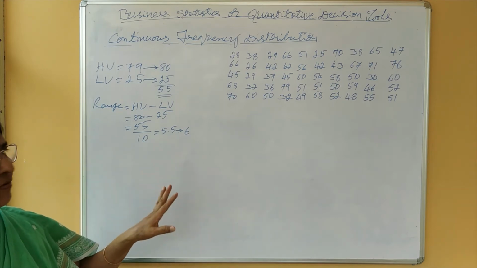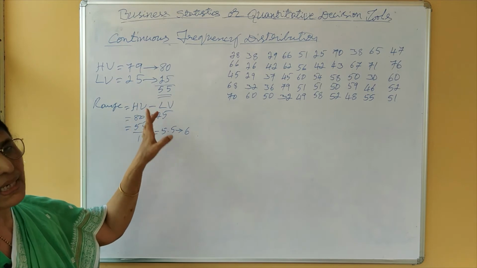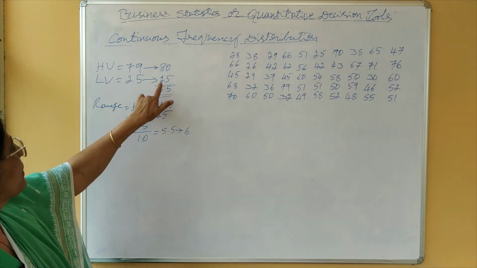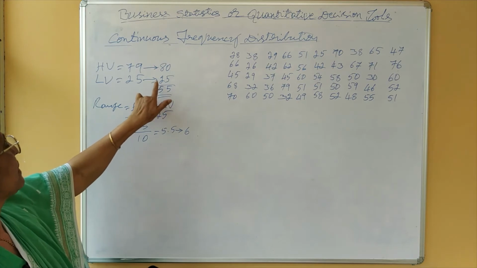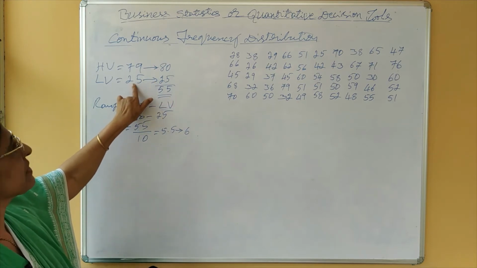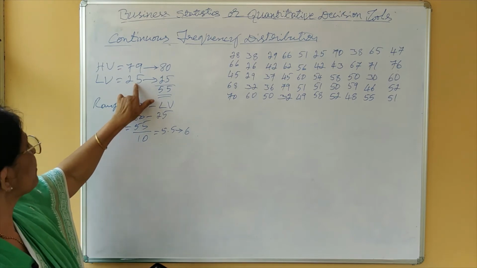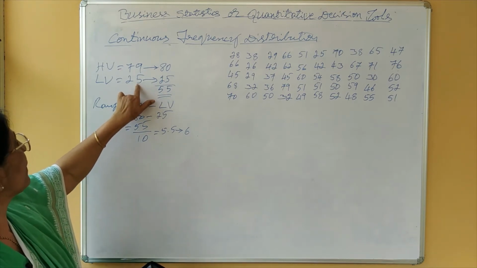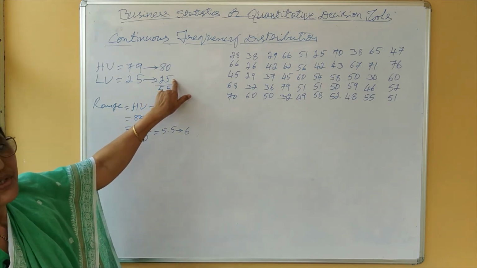Now we have to decide what is the lower limit of the first class. Here the lower limit of the first class should cover the lowest value given in the problem. Here the lowest value is 25. Therefore, no problem, we may take from 25.